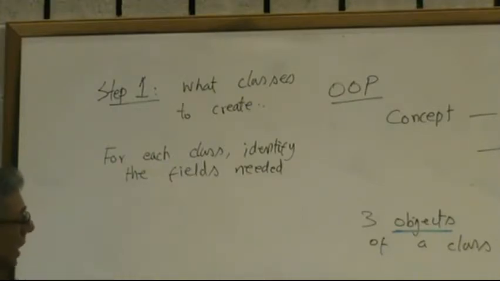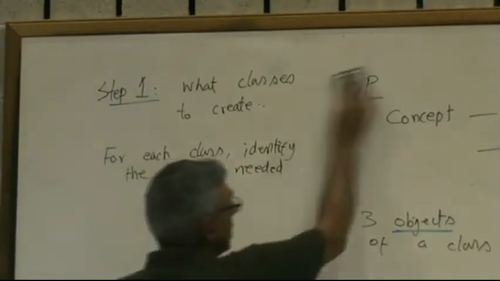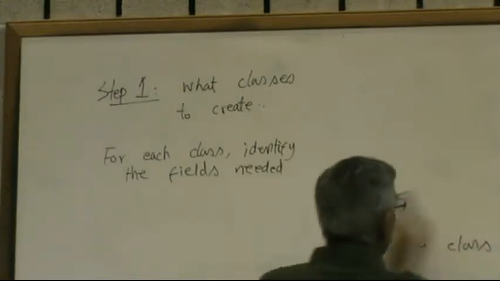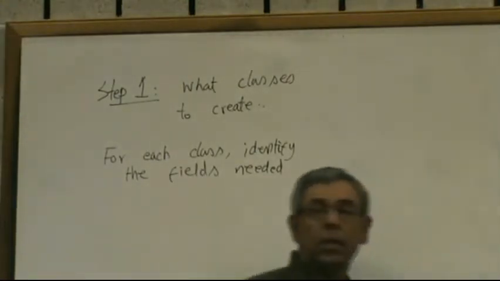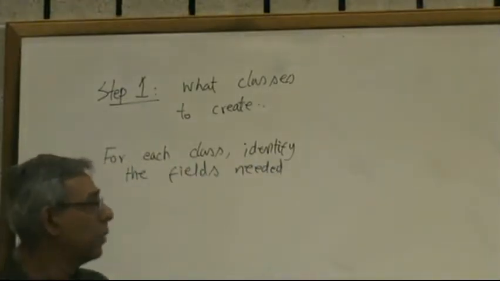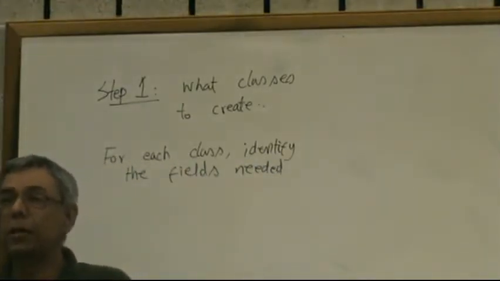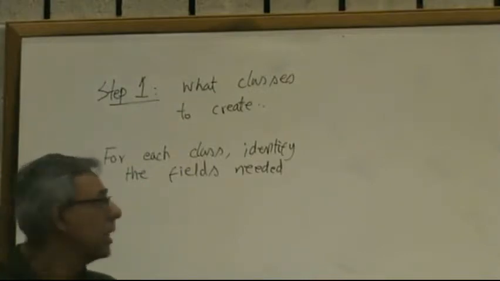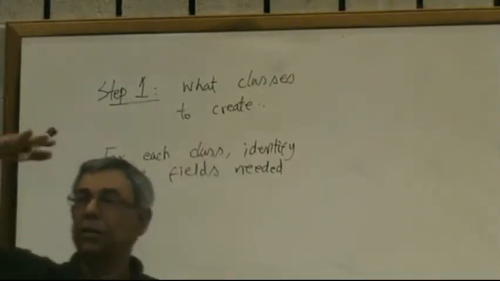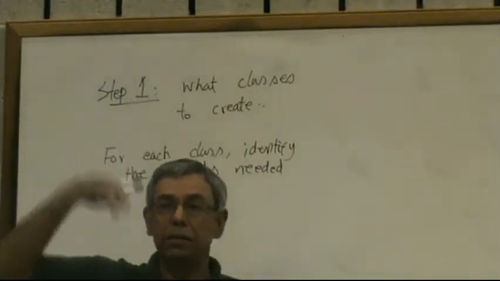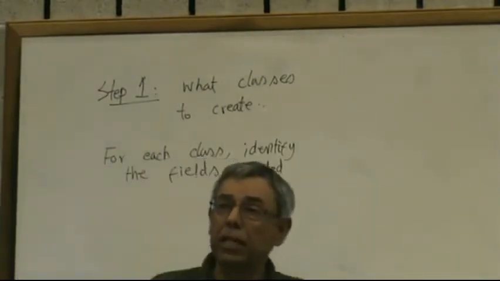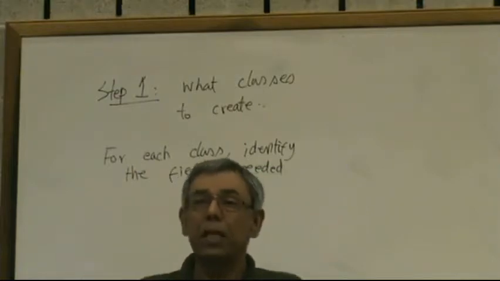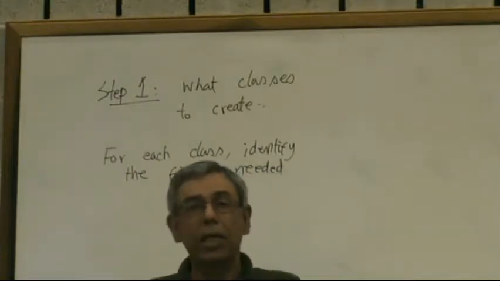Then gradually, and again, let me also emphasize this, when we write programs, even the best programmers do not know 100% what code will be needed, okay? So we all start by identifying, like I said, I need to create this class. Then we all start by putting a few fields, and of course we may forget some. We may put a field that we may realize is really not needed.